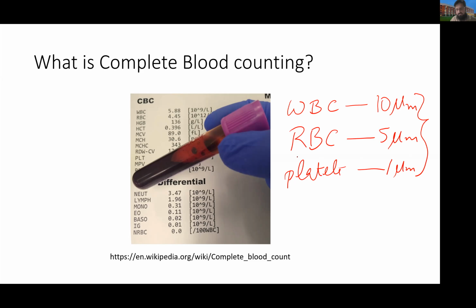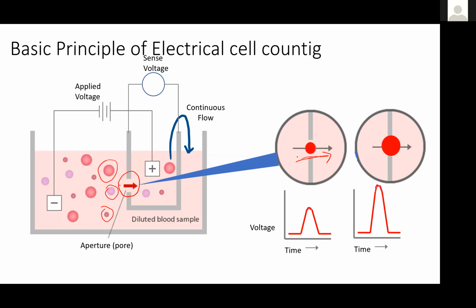I saw a hand raised, so please go ahead. What is the difference between those two plates through which the white blood cells, red blood cells and platelets pass? Is this judged upon the difference in voltage, or is it practically counting 1, 2, 3, 4? No, I will talk about this in the coming slides, but basically we are measuring the voltage change in between those two electrodes.